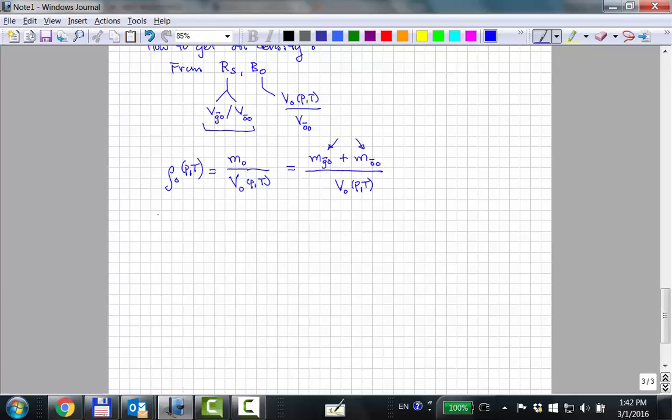Now to do that, we have to choose arbitrarily some basis. What we're going to say is that we've got this volume of oil. We take it to the surface.